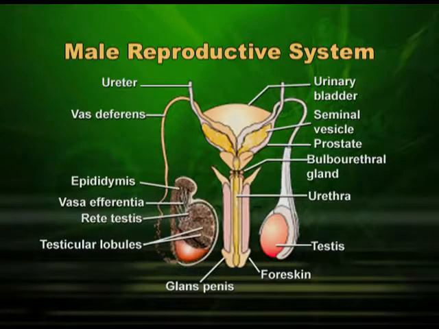In the male, there is a pair of testes. There are two testes which are present in the scrotum. Scrotum is an extension of the abdominal cavity, or in other words, the testes are not present in the abdomen, they are present outside the abdomen.